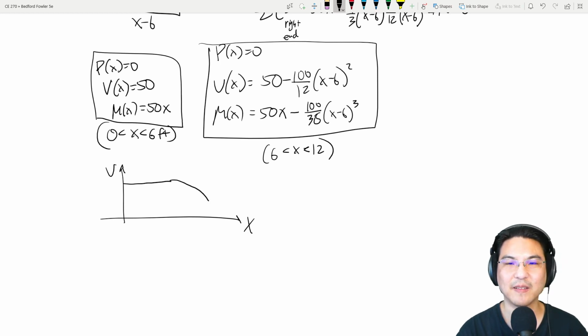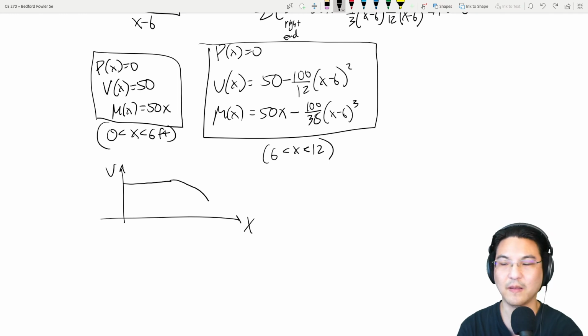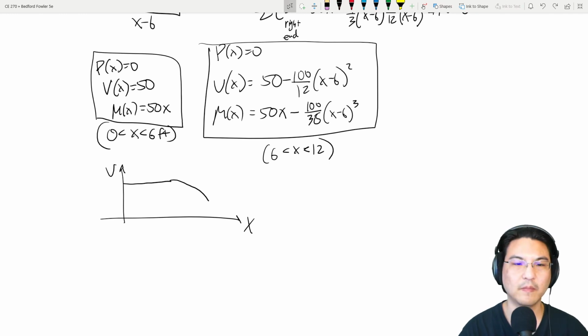And at x equal to 12, that's 6 squared, 36, so that's 50 minus 300. So that's negative 250.